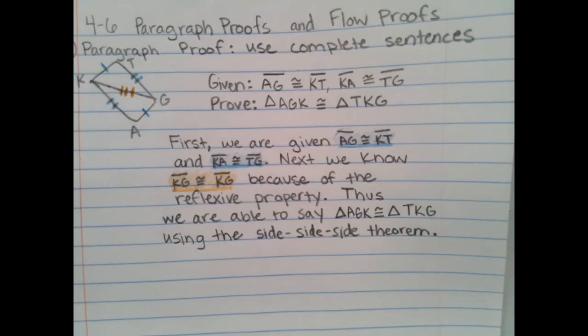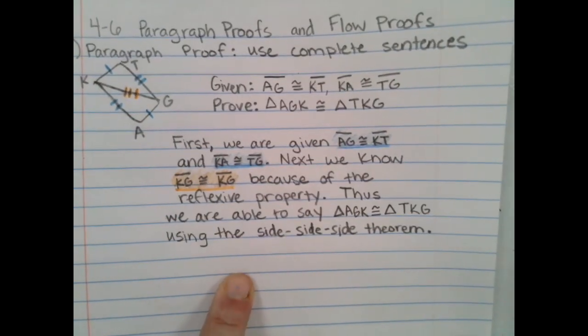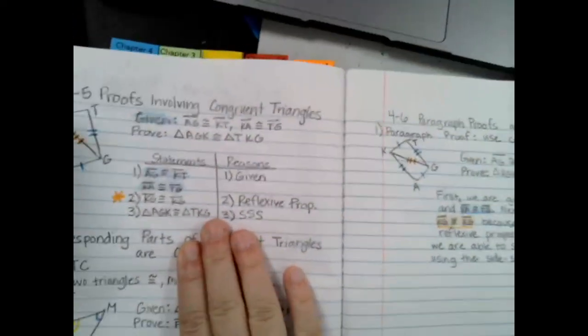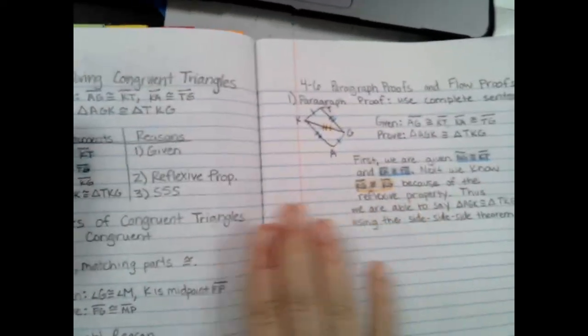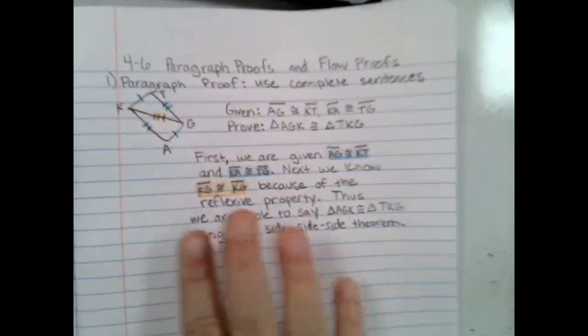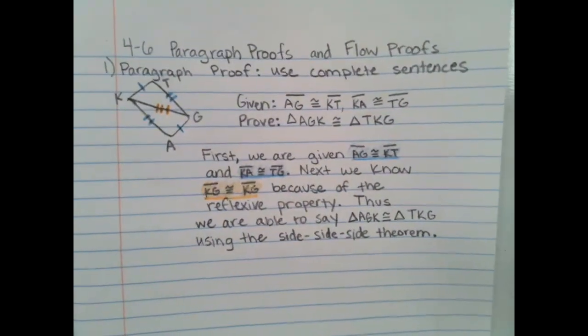So kind of the rule of thumb when you're doing a paragraph proof, most people, the way that their brains work is that they need to write this out first as a 2-column proof. So most people would do this step first. And then because we're like publishing a paper or we're making a really formal argument, then we would make it a paragraph proof.